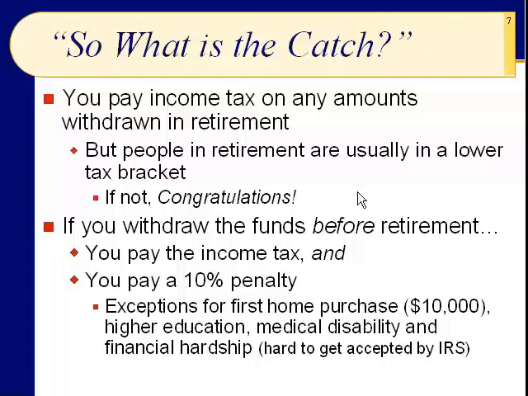And of course, what happens if you withdraw the money before retirement? They slap your hand, make you pay the income tax, and make you pay a 10% penalty. In other words, they're saying, look, this is for your retirement. Leave it alone. Let it grow. But there are some exceptions: first-time home purchase, higher education, medical disability, financial hardship.